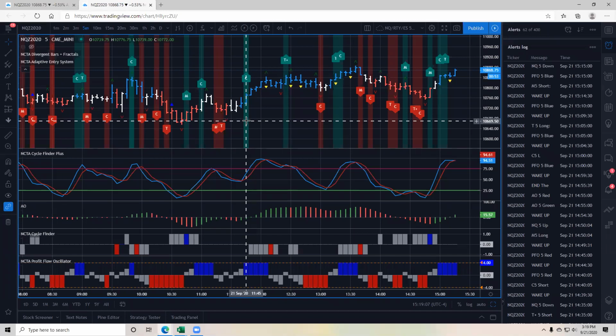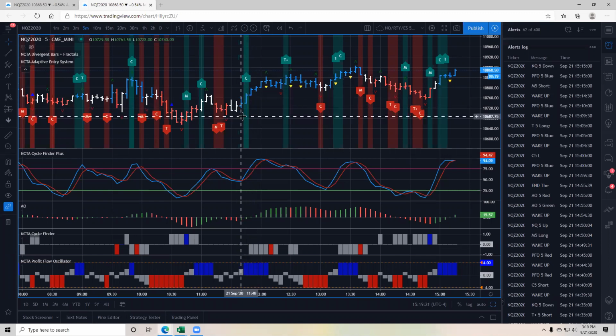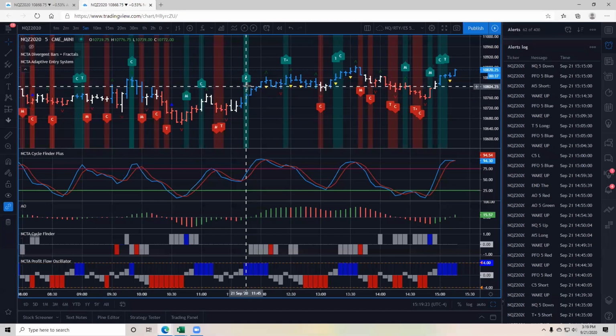The signals work no matter what time frame. The signals work no matter what underlying derivative, equity, stock, option you want to trade. But I'm demonstrating this to you on the NASDAQ 100 futures. When we see a vertical green bar, that's telling us simply to go long. If we're trading futures, we're going to go long.